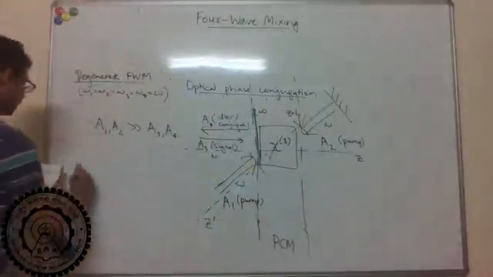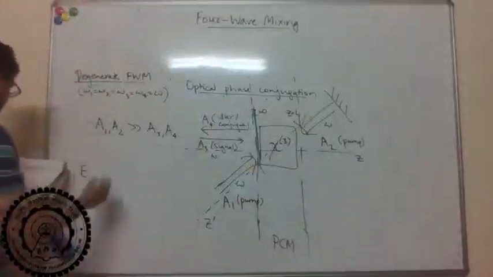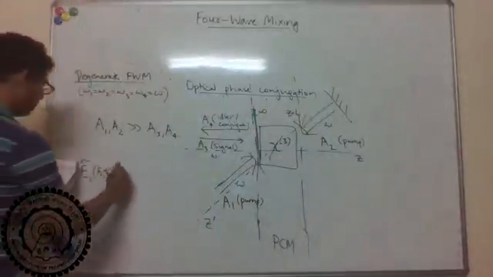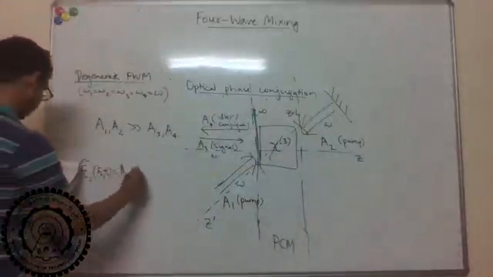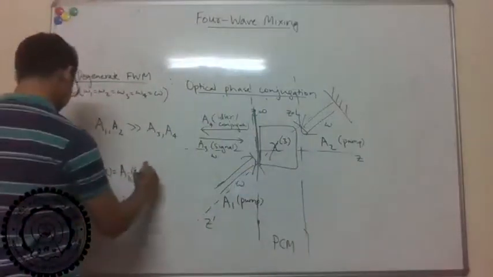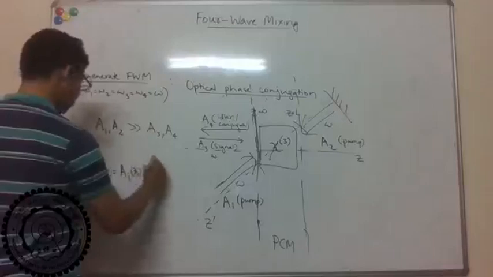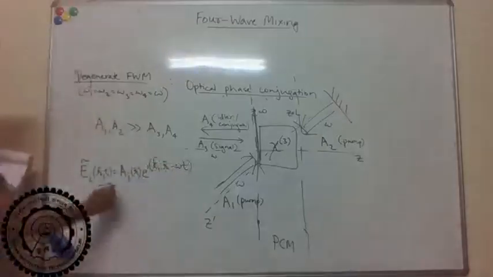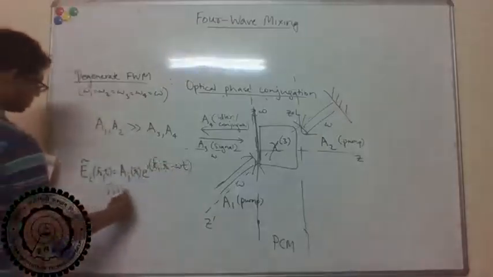Okay, so we can write the electric field corresponding to each of the waves, where i here is 1, 2, 3, or 4.